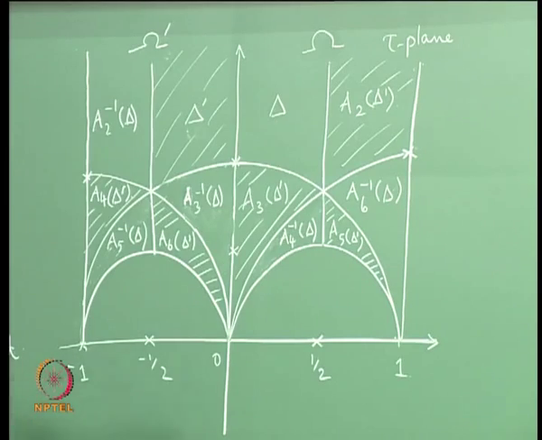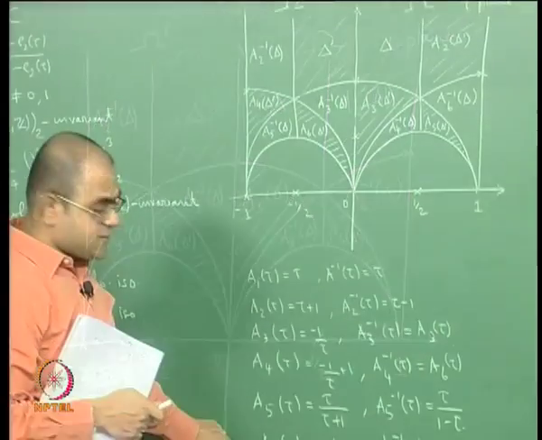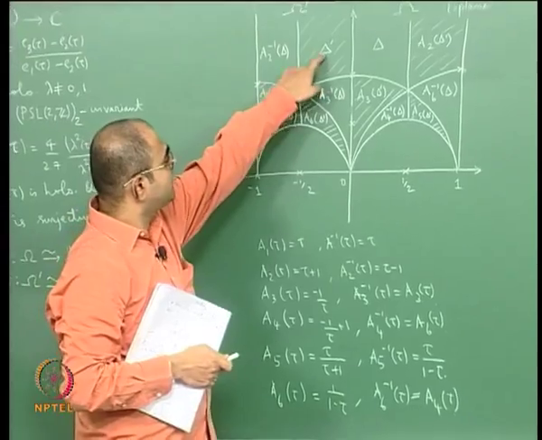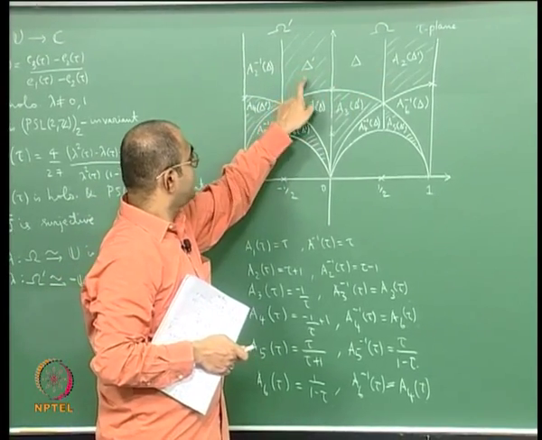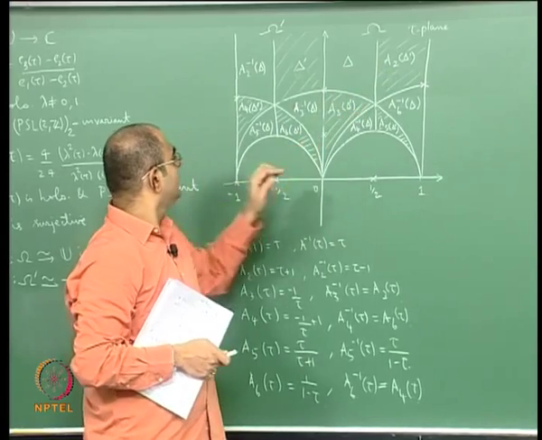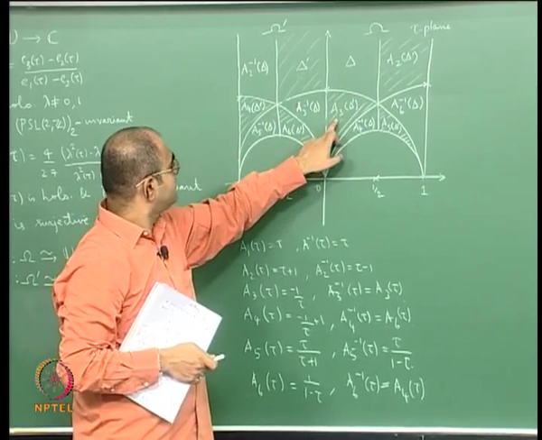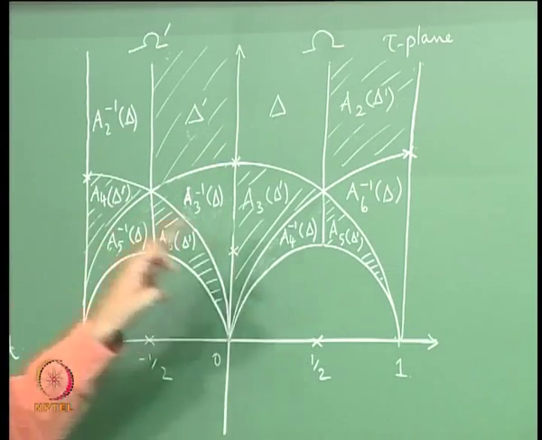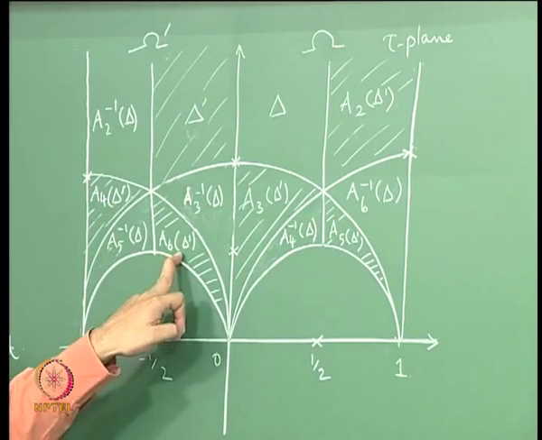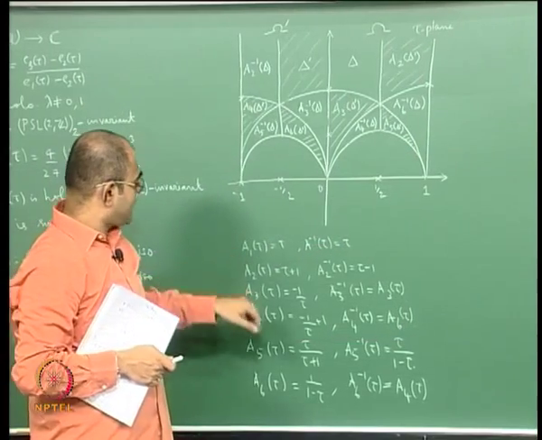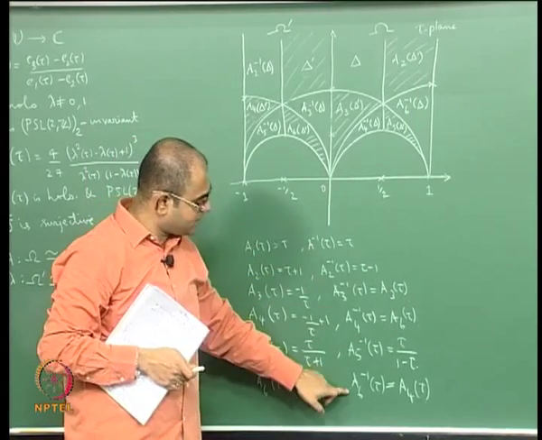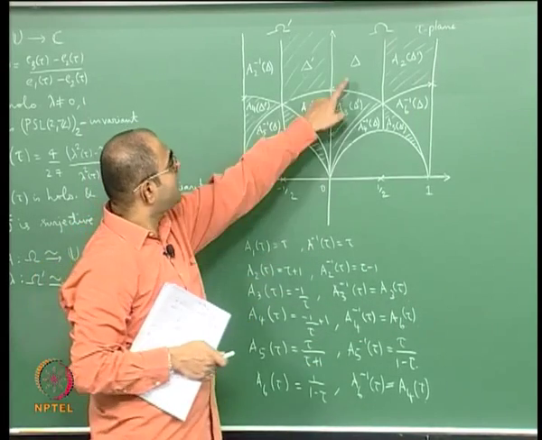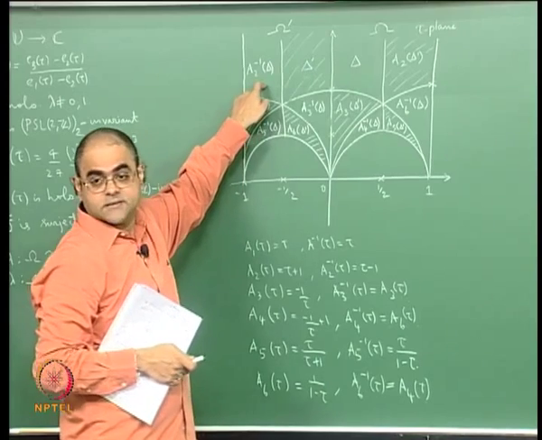So basically A1 through A6 map delta prime onto these 6 shaded regions. This is the image of A1, this is the image of A2, A3, A4, A5, and A6. And what is happening to delta: the inverses, A1 inverse through A6 inverse, map delta onto the unshaded regions.